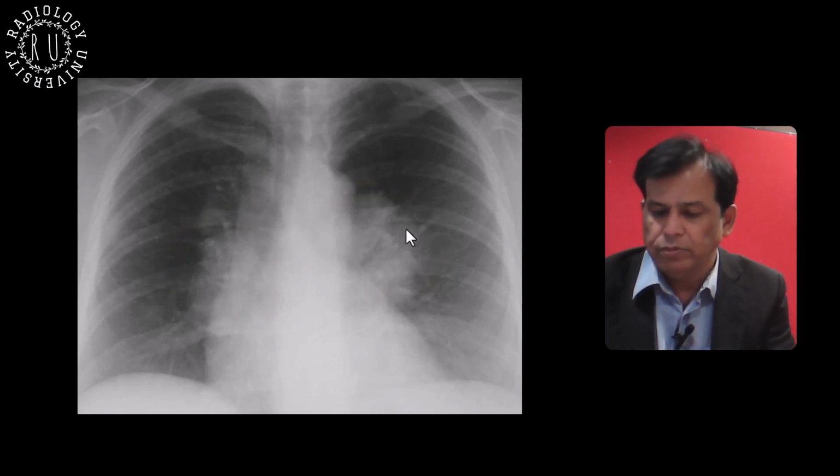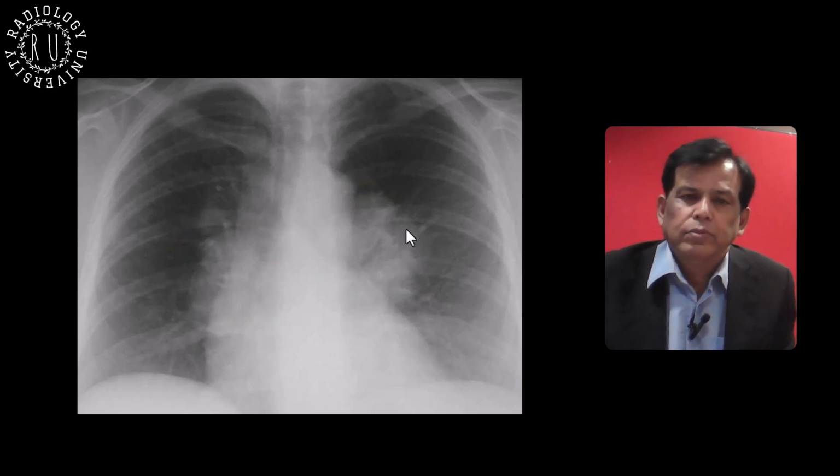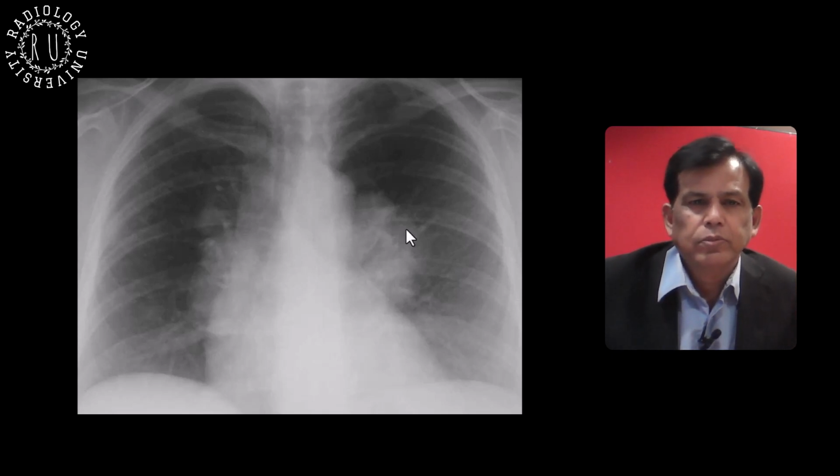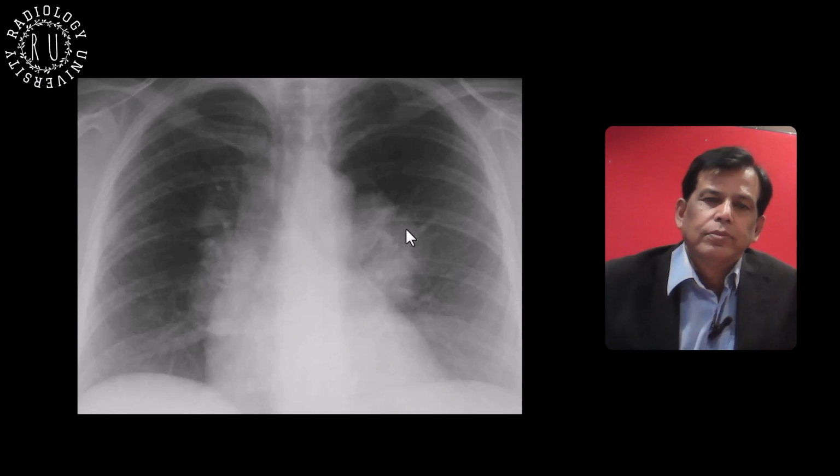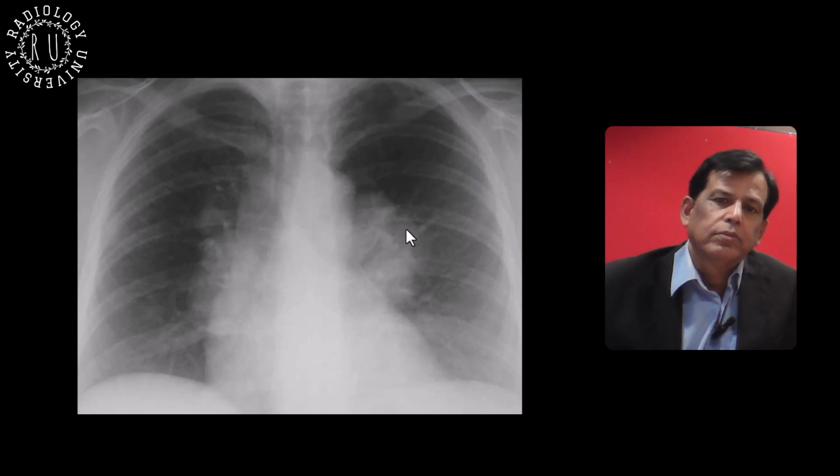Visualized cardiophrenic angles appear normal. The bony thorax and soft tissue appear normal. Based on the appearance, my differential would be hilar masses. It could be nodal or vascular.